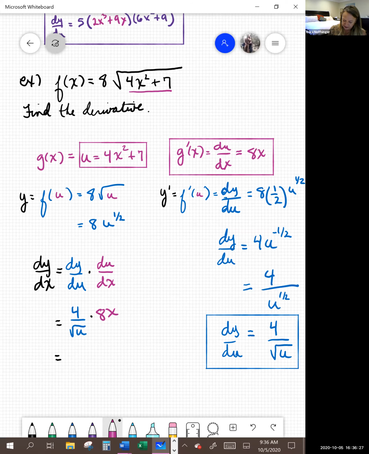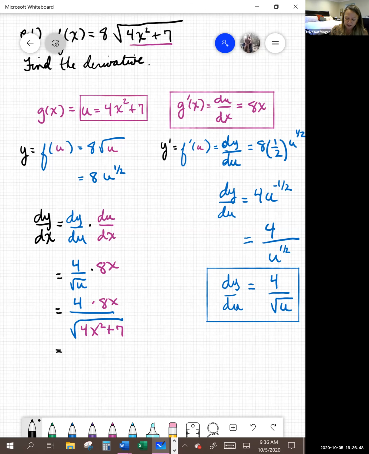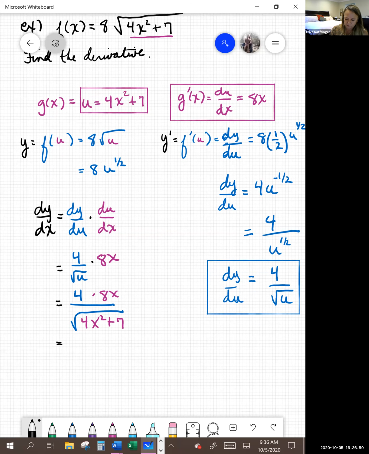So this is 4 all over the square root of 4x squared plus 7, and this times 8x, we can multiply that in the numerator. So this is the same thing, and this 4 times 8x, so 4 times 8 is 32x, all over the square root of 4x squared plus 7.